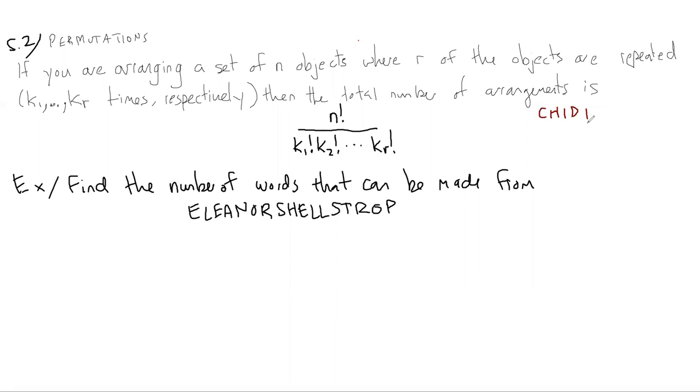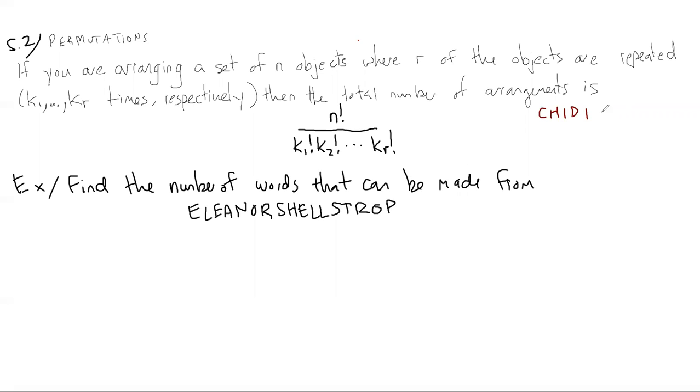Then the total number of arrangements is going to be n factorial, which would be the count if we treated all of those repeats as distinct individual objects. And then we have to divide out the arrangements that can occur within those repeats. So if there's 4 e's in a word, there would be 4 factorial, which is 24 arrangements that are actually all equivalent to each other. So we'd have to divide them out to not count all the repeats.